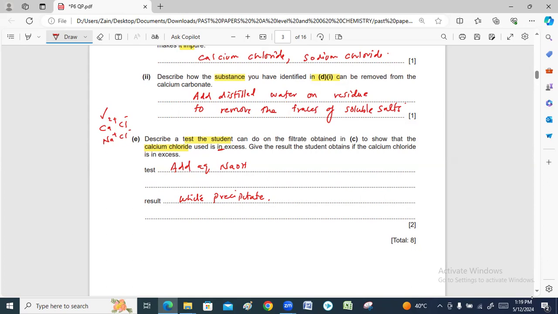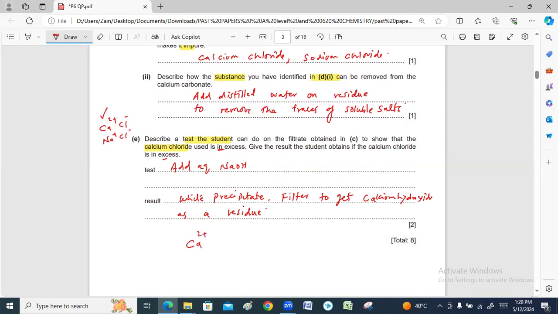This white precipitate can be obtained through filtration, so we filter to get calcium hydroxide as a residue, because we're adding sodium hydroxide to calcium ion.